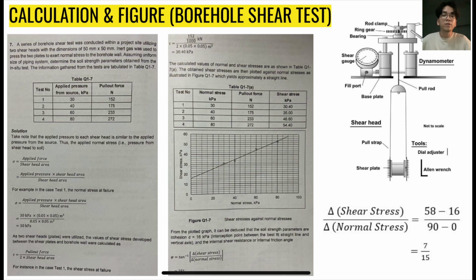So we plot the graph, and from the plotted graph it can be deduced that the soil strength parameters are cohesion, which is C equals 16 kPa. 16 kPa is the intercept point between the best fit straight line and the vertical axis, and the internal shear resistance or internal friction angle is calculated as below.